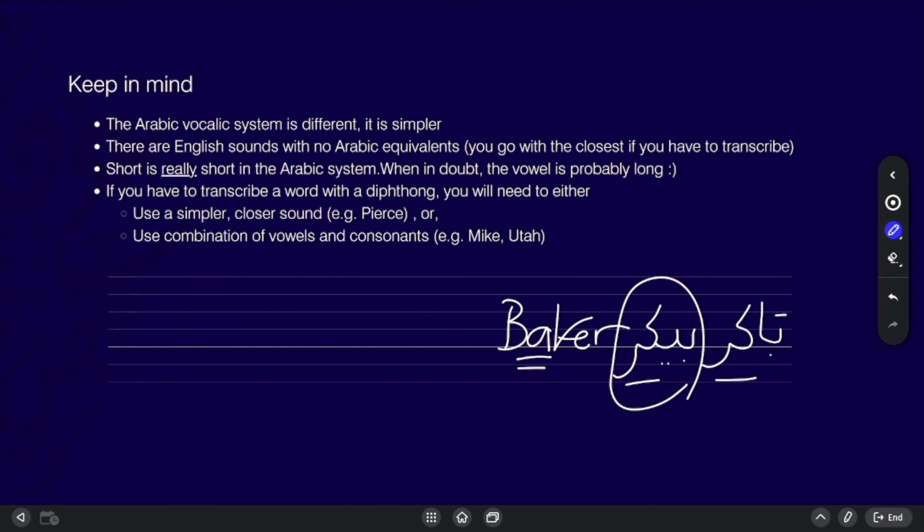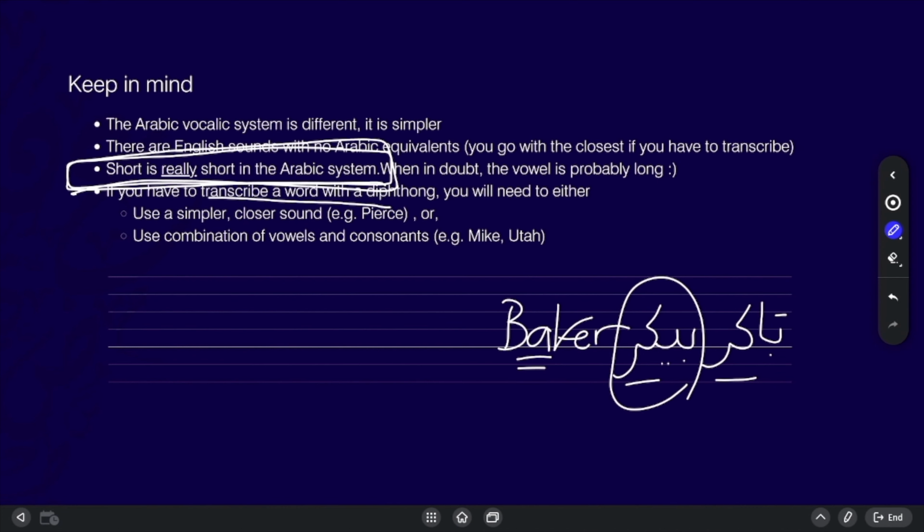Short is really short in Arabic. If you walk away with this simple idea, you would nail the differences between short and long. Short is really short in Arabic, and when in doubt, the vowel you're dealing with is probably long. And these are examples of diphthongs. When you actually transcribe them, you just go to the closest thing.